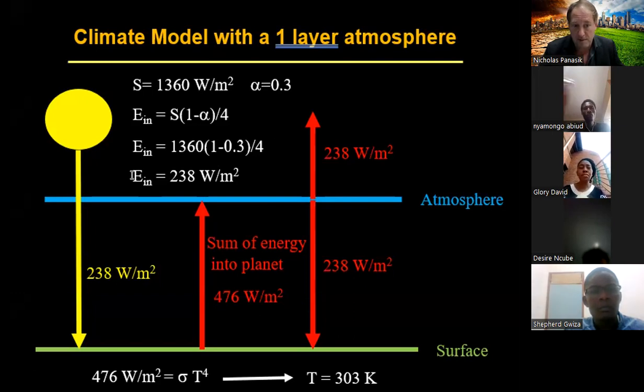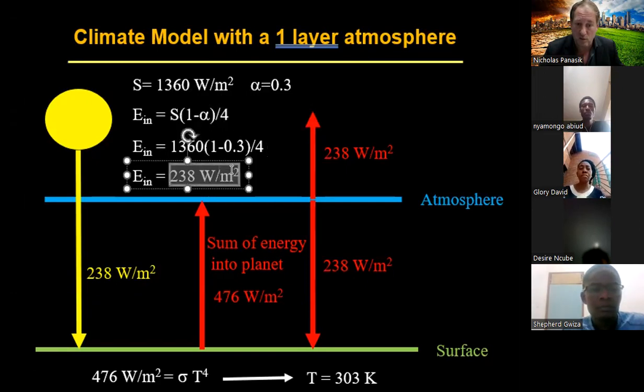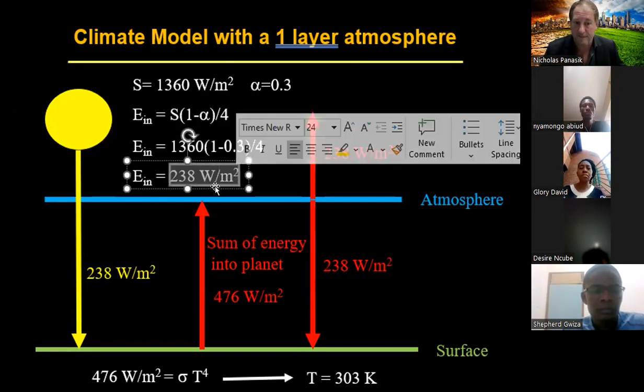For Earth, because of our albedo of 0.3 and our solar constant of 1360, our energy in ends up being 238 watts per meter squared. It's going to be different on planet Krypton, because, you know, that's where Superman's from.